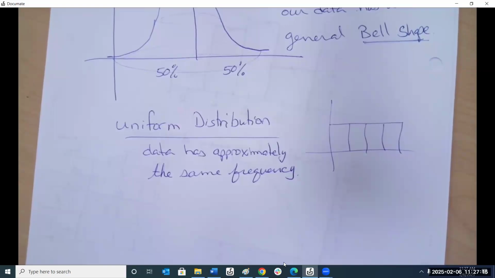Give me an example where the data is uniformly distributed. Actually, that's a good question.